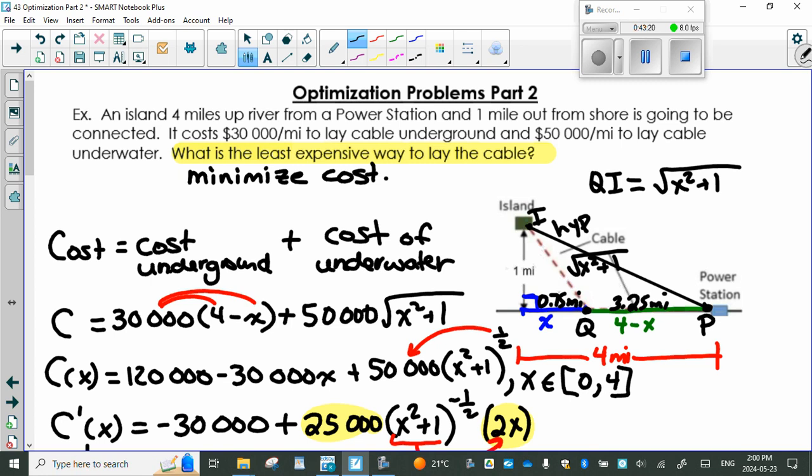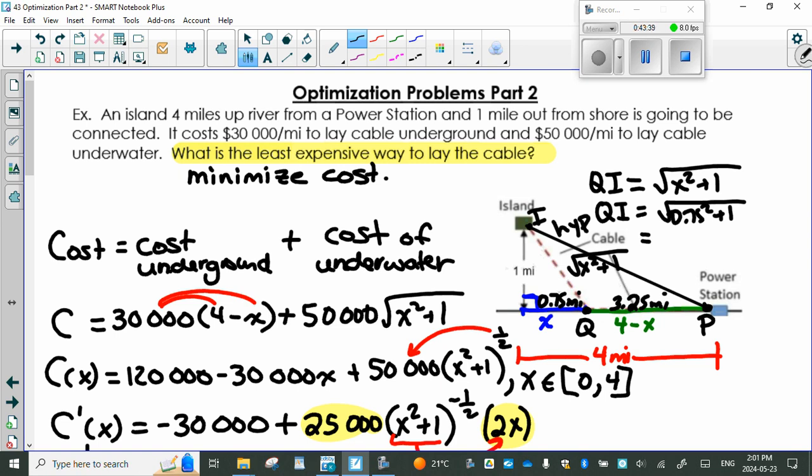And then here, I have to sub in the 0.75. So Q to I is going to end up being the square root of 0.75 squared plus 1. Yeah? Okay, so I want to get that distance.